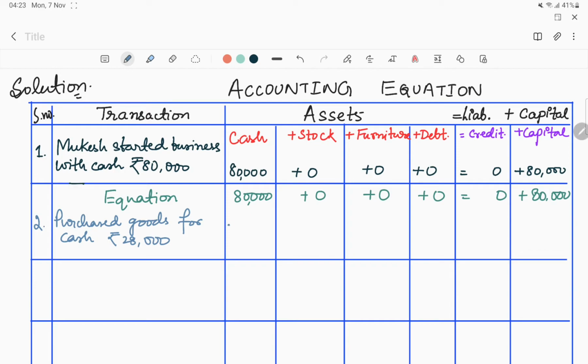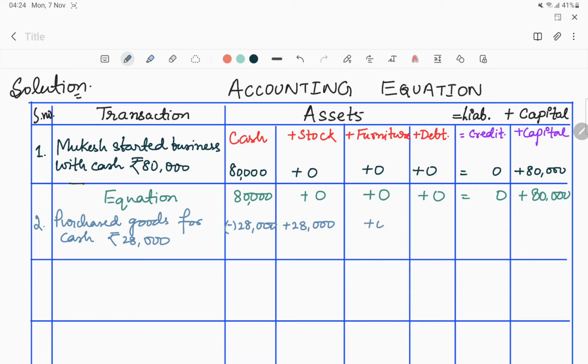So we have to write minus 28,000, and since he purchased goods, goods will come into his business as stock. So we have to add 28,000 to the stock column.